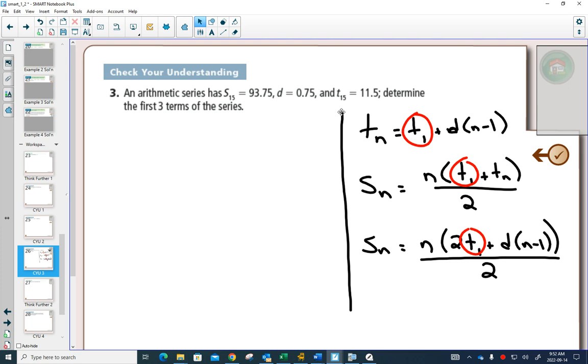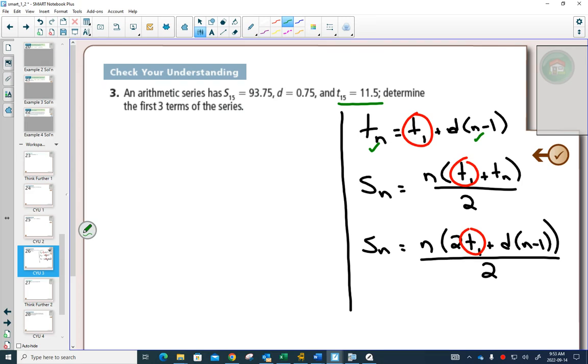It could be term 1. It could be term 2. It could be term 3. Which one do we know? We know a term 15. So I'm going to put a little check mark that I could put in term 15 there. And if I put in term 15, I would also know n to be 15. Does that make sense? Okay.